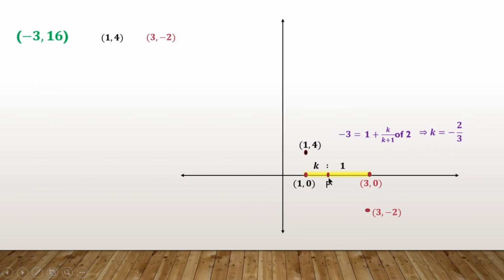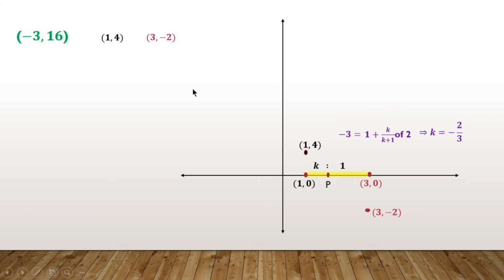Whenever we get a ratio as negative, that means the point does not lie on the line segment, it lies outside the line segment. Similarly, if we calculate the value of k through the y-axis, from the shadow points of these 2 points on the y-axis, we will again get the value of k as minus 2 over 3.